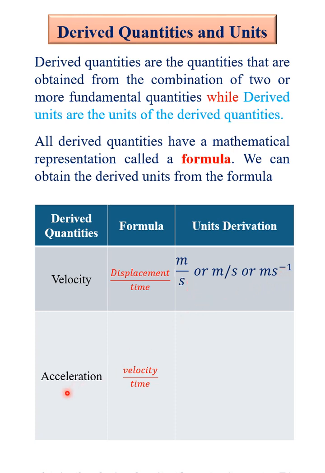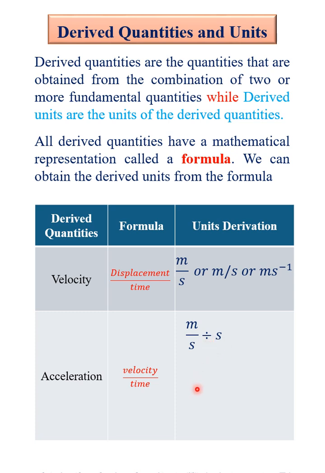The next quantity here is acceleration, and the formula for acceleration is velocity all over time. Here, time is a fundamental quantity, and as we know, we've derived velocity, which is a combination of fundamental quantities as well, and so we can take the unit of the acceleration as the unit of velocity, meter per second, divided by the unit of time, second, so that we have meters per second divided by second.